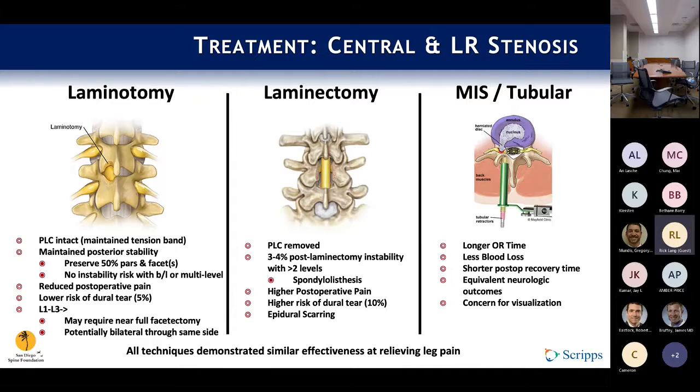Outcome-wise, as long as you address the underlying pathology, the outcomes have been shown to be similar, including relief of leg symptoms. The counterpoint is that you need to be able to address the pathology, and there's some concern from surgeons that you don't get as good a visualization as with a full laminotomy with a microscope, and therefore you may not be able to address all the underlying pathology.